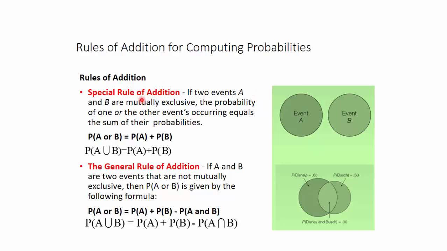So, a summary of the rules of addition. The special rule of addition is when the events are mutually exclusive. The rule becomes P of A or B equals P of A plus P of B. The general rule is always that you add the probabilities P of A plus P of B and subtract the common point. The common point needs to be subtracted because the events are not mutually exclusive, meaning they can happen at the same time.